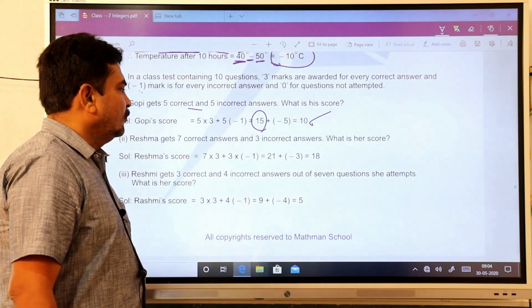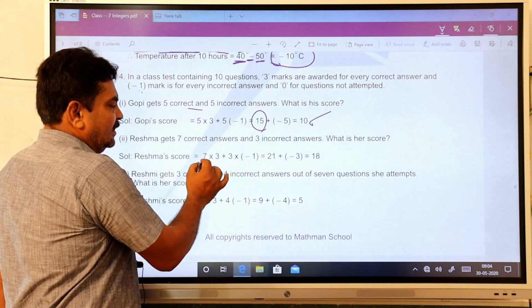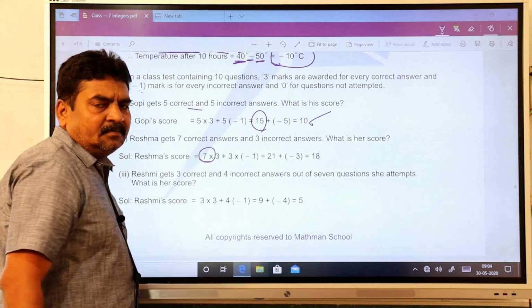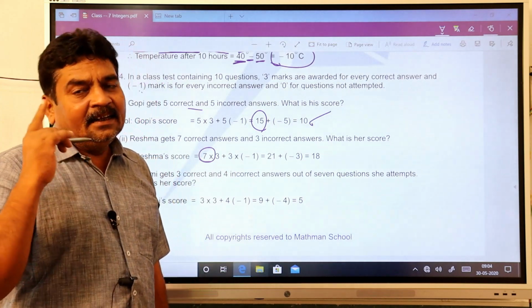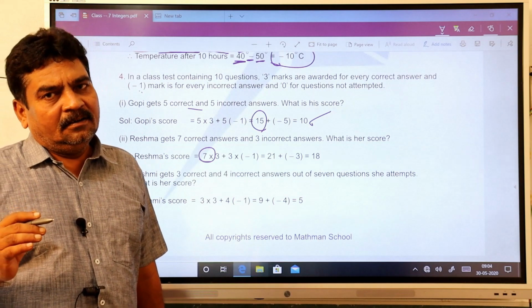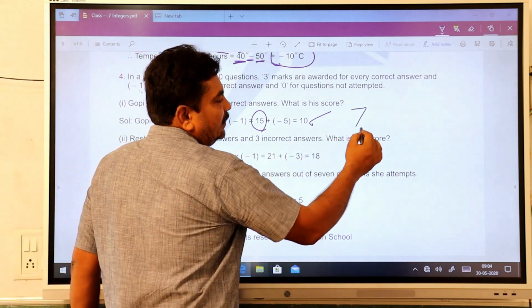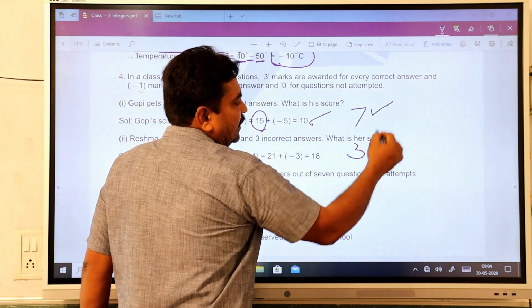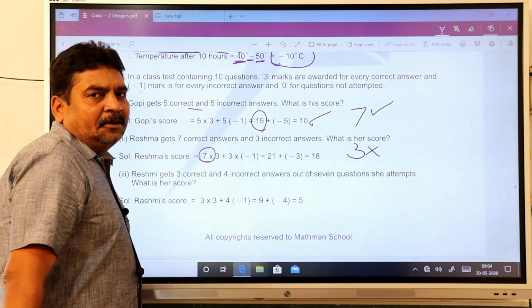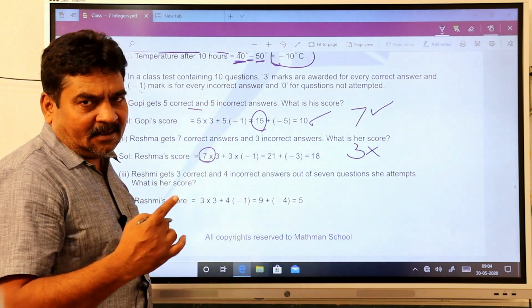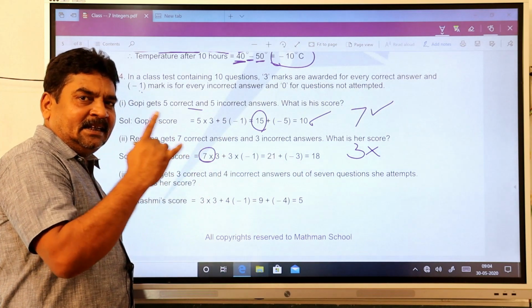Similarly, Reshma did 7 correct answers and 3 wrong answers out of 10. For 7 correct answers, she scores 3 marks for each correct answer.